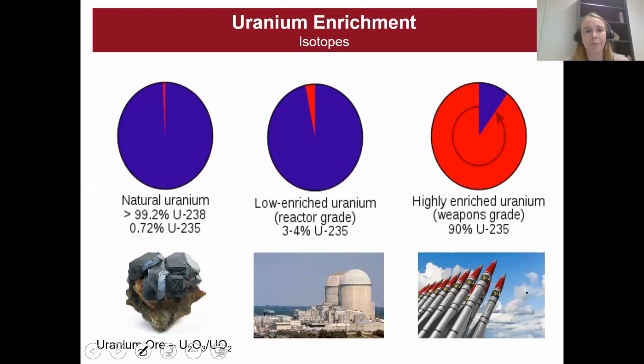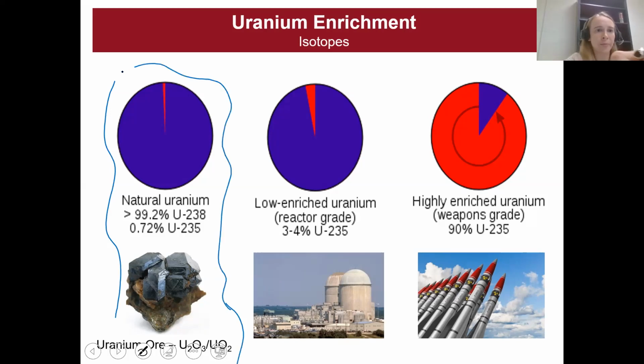All right. So just so you get some relevancy about isotopes, natural uranium, like I said, which comes in the form of this uranium ore, is mostly uranium-238, which is the safe one. It's not used in nuclear weapons or nuclear energy.